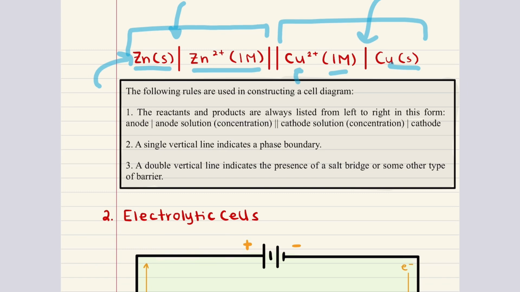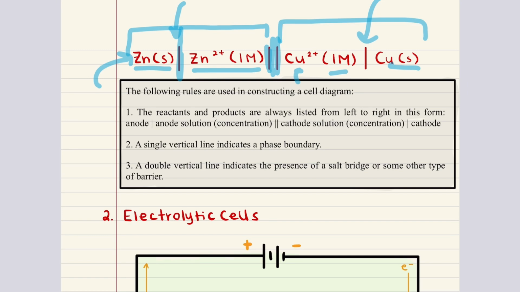Within the cell diagram, a single vertical line denotes a phase boundary. It separates different states of matter or phases of substances. A double vertical line indicates the presence of a salt bridge or another type of barrier that separates the 2 half cells.